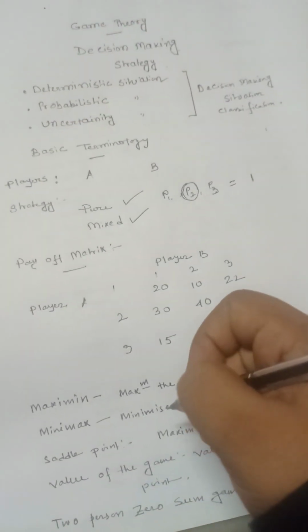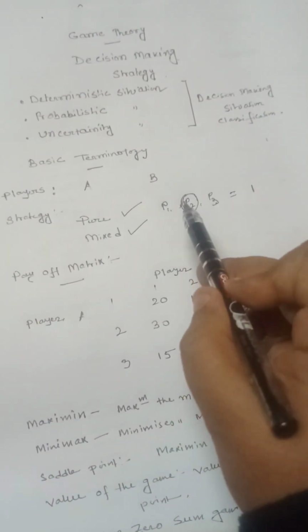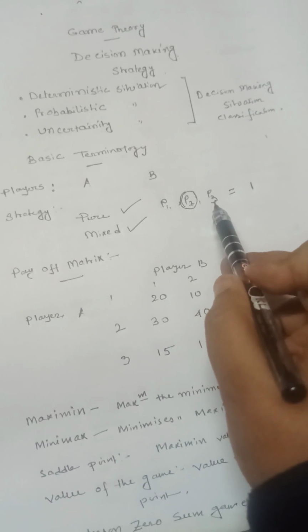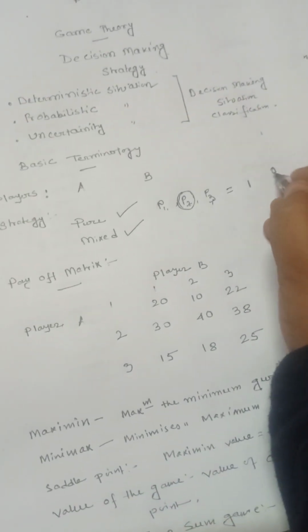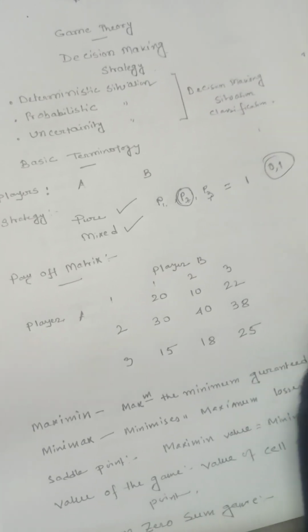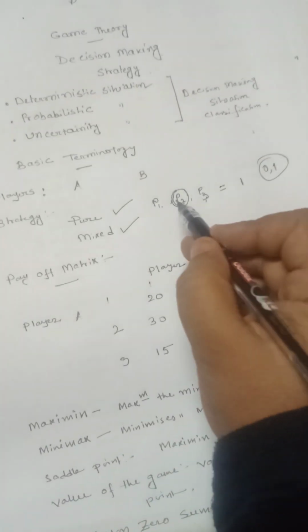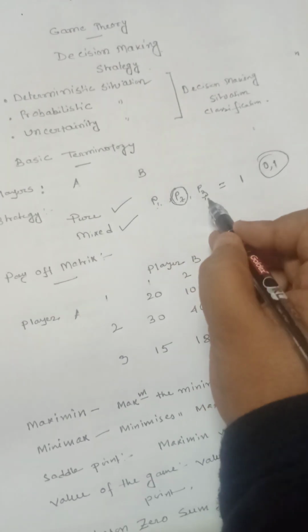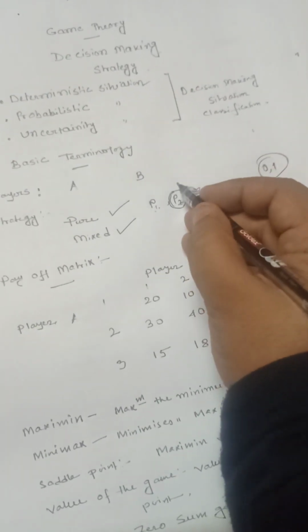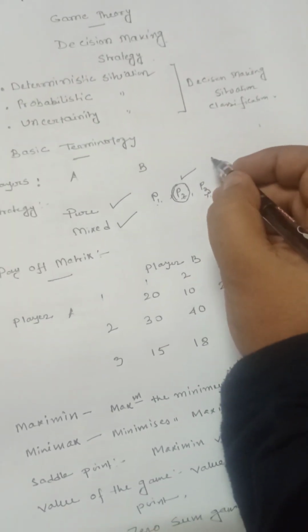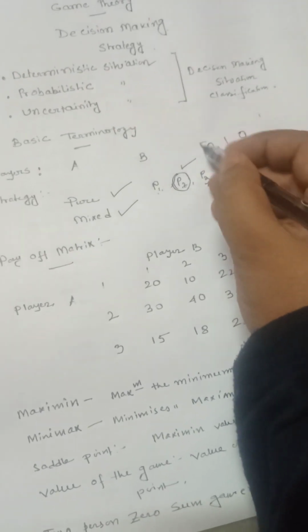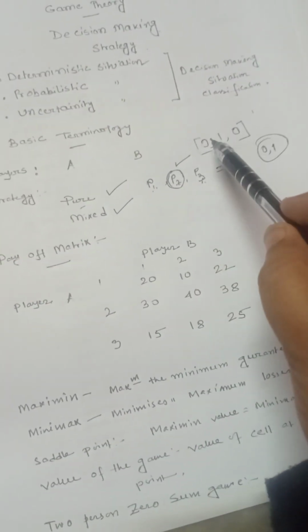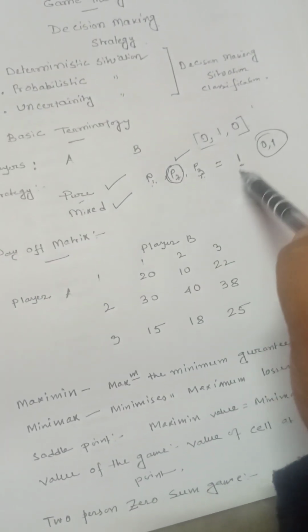In this case each probability will be either 0 or 1. Why? Because the sum of these three probabilities must be 1. Suppose you pick P2, then this will come as 0 1 0 for pure strategy, and if you sum up 0 1 0, you will get 1.